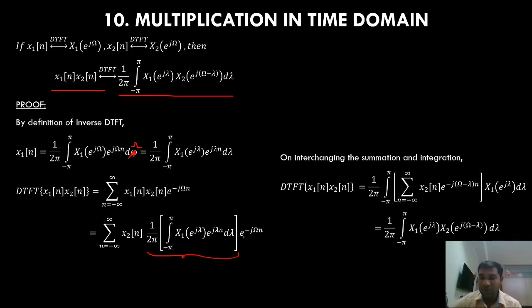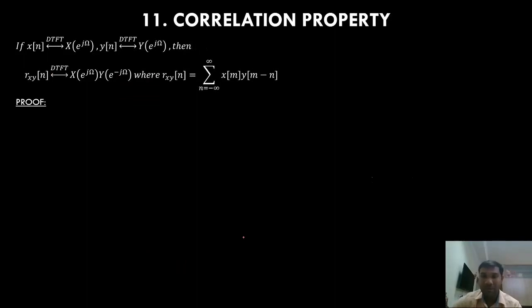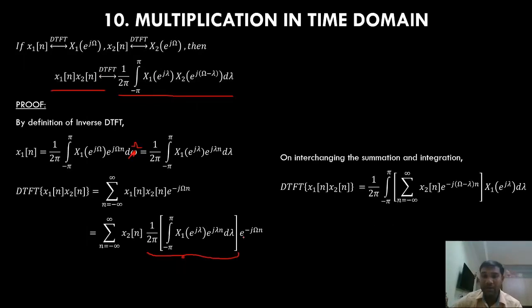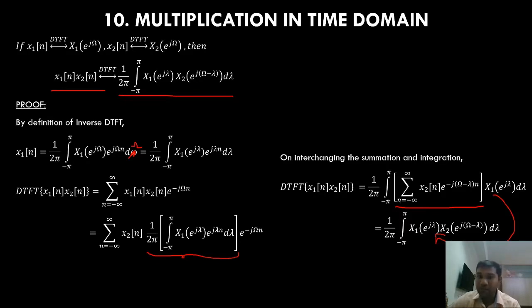Now if I simplify it further, I will get 1 by 2 pi integration minus pi to pi x1 e power j lambda, and here summation n equal to minus infinite to plus infinite x2 of n e power minus j omega minus lambda n, right?